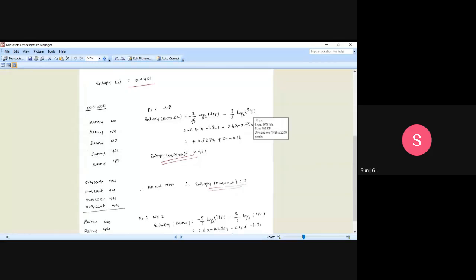How do you calculate the entropy of a data set? It is minus the proportion of positive times log 2 of the proportion of positive, minus the proportion of negative times log 2 of the proportion of negative. The proportion of positive is P divided by P plus N. Here P is 2, and P plus N is 2 plus 3, that is 5.